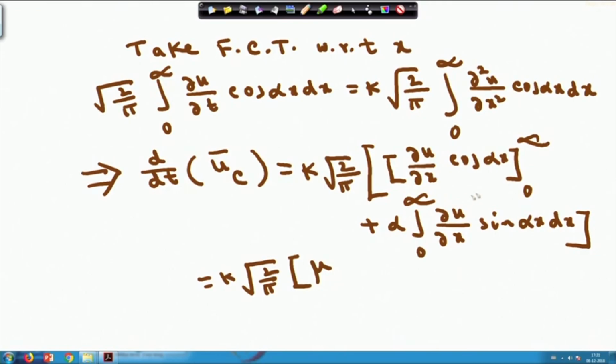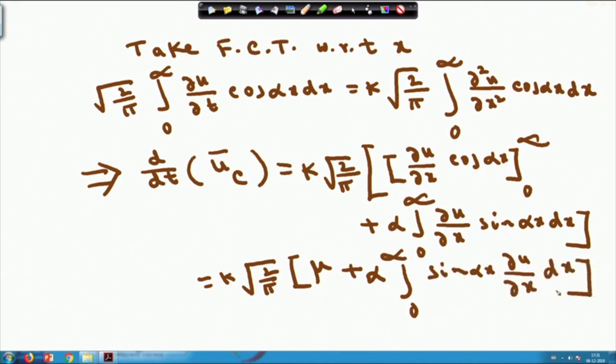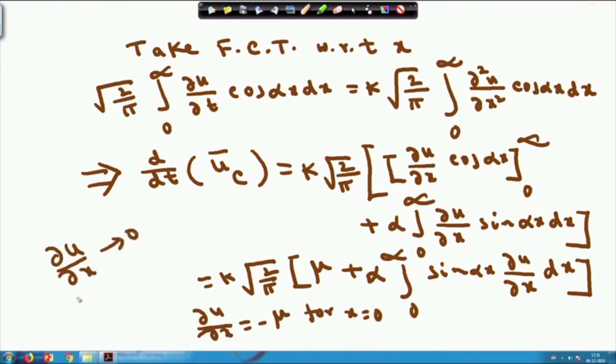So for del u del x cos of alpha x from 0 to infinity, you will get only this, plus alpha into integral 0 to infinity del u del x sine of alpha x dx. Please note that del u del x equals minus mu for x equals 0 and approaches 0 as x approaches infinity. Using these two conditions, I am getting this.